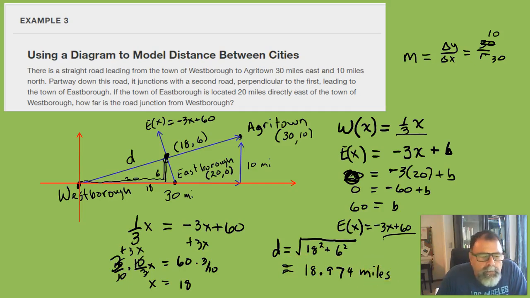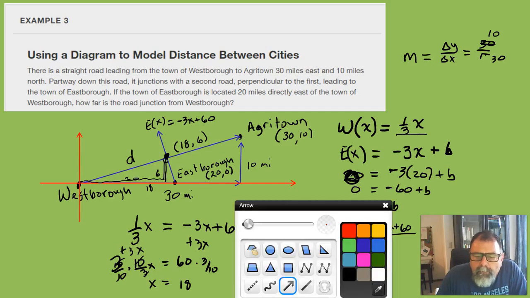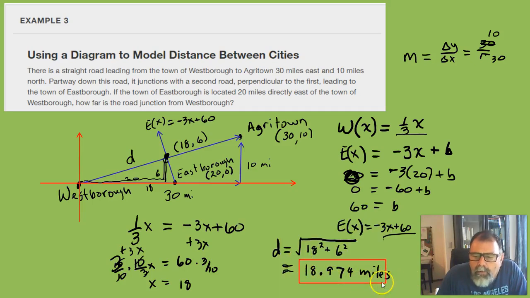Okay, so that junction is 18.974 miles from Westboro.